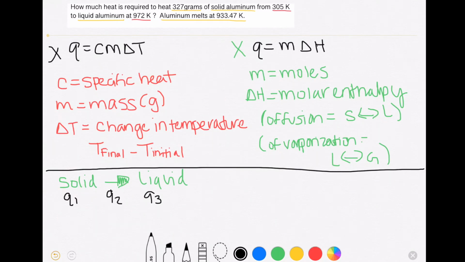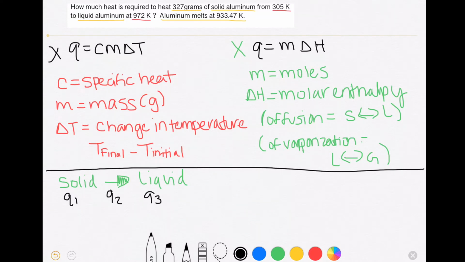The next thing I'm going to do is pull those temperatures out that I underlined, and line them up. The way you line them up is determined by what's happening to your substance. In this problem, it's asking how much heat is required, so you know that you are adding heat to the substance.